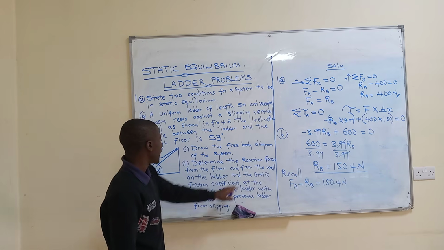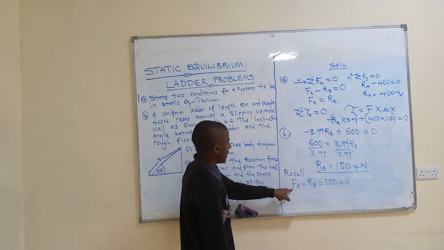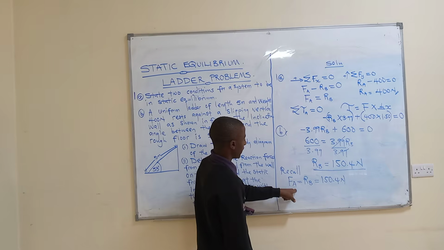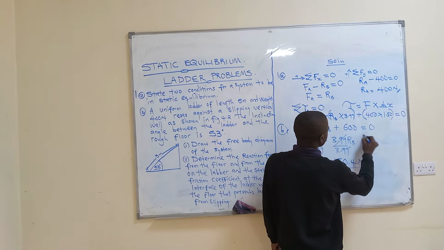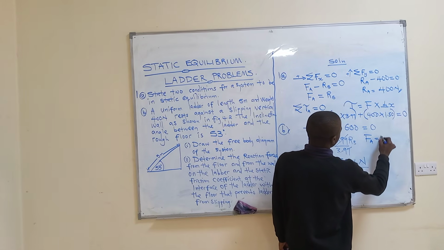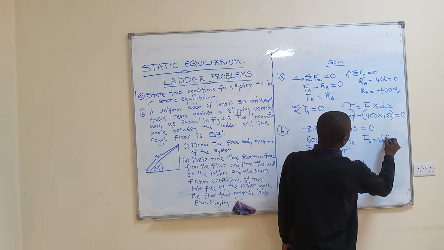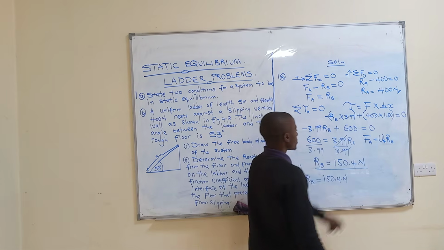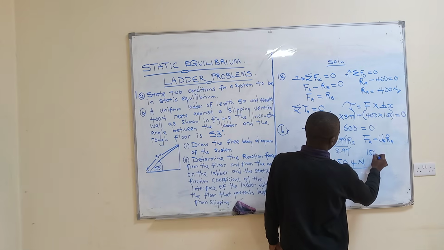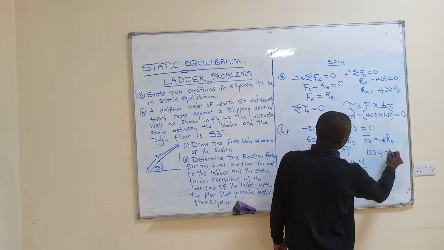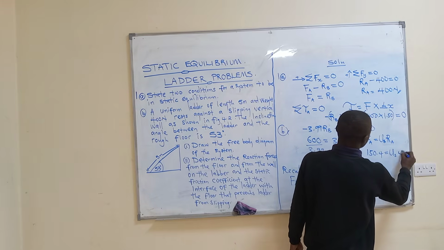Now the question is asking for the static friction coefficient, and we know that friction was acting at point A. Meaning my friction force is equal to the coefficient of static friction times R at point A. So my friction force at A, that was 150.4, is equal to mu S times the reaction force at A, that is 400.